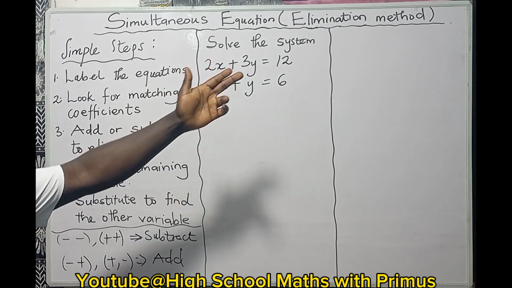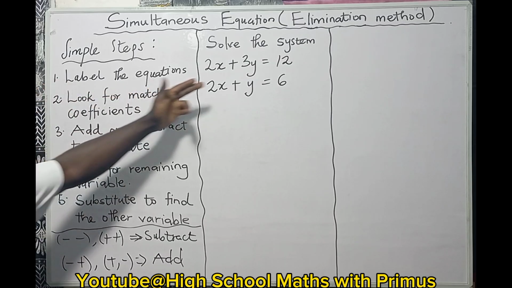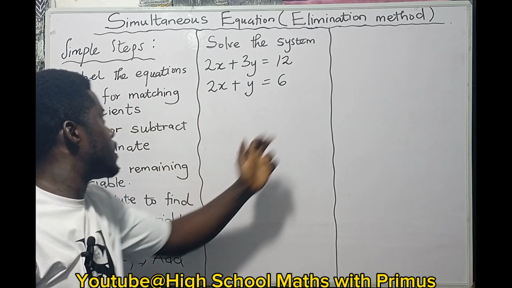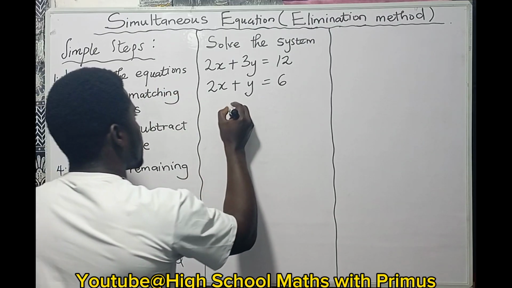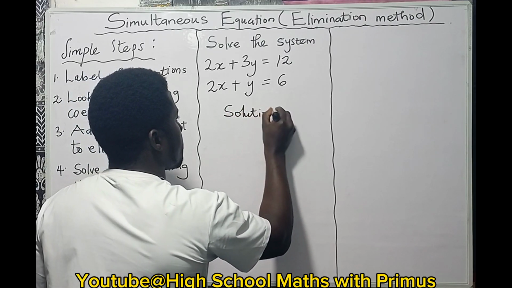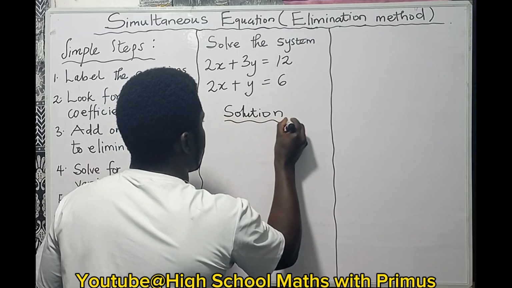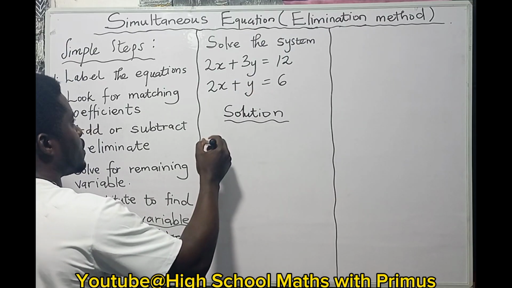So to resort to the elimination method, we will solve this question along with the following steps. The first step is saying that if you are facing a question like this, label the equations. So I will bring my solution and label the equations because they are just there without labels.